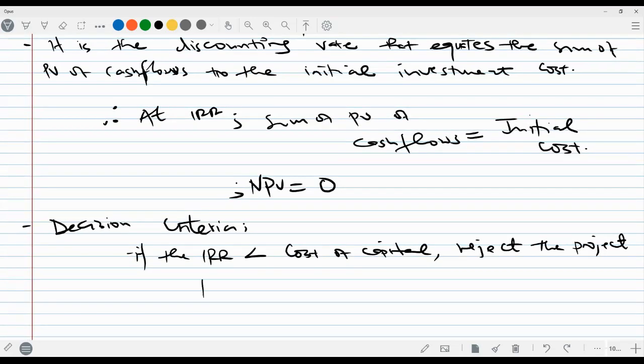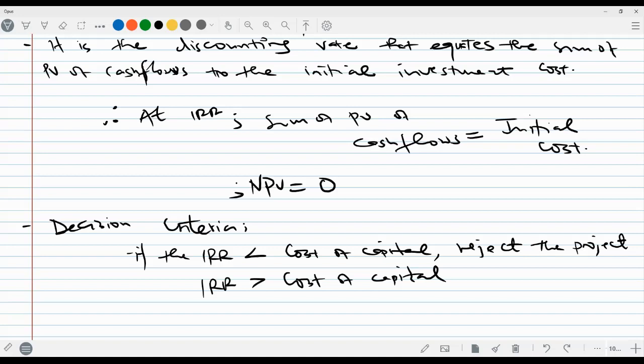If IRR is greater than cost of capital, for example the minimum return the project can give you is 10%, and the minimum return that these investors want is 9%, then on a minimum basis this project is giving you a higher return than the cost of capital.